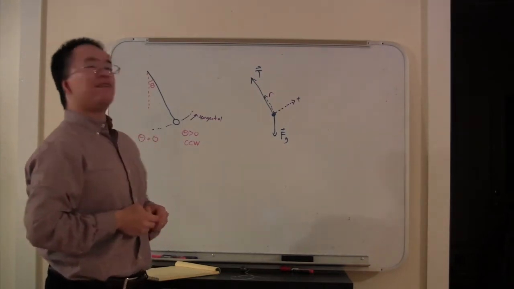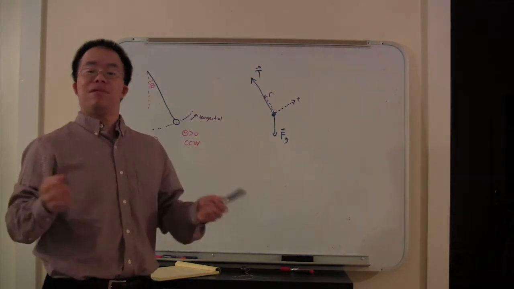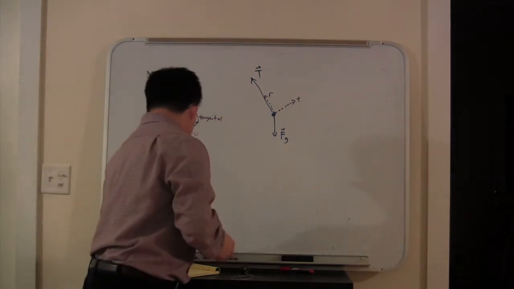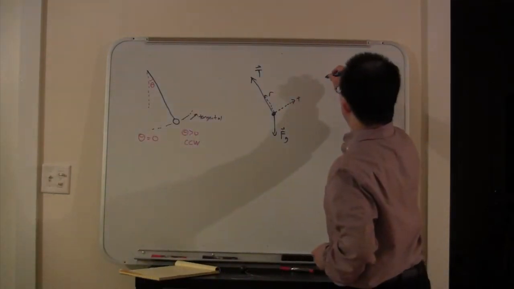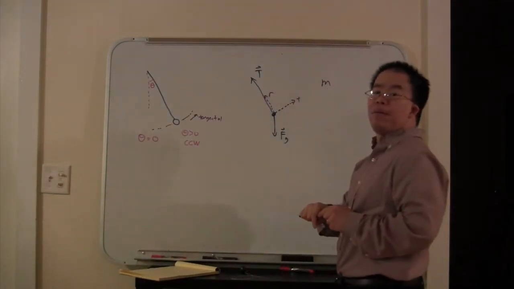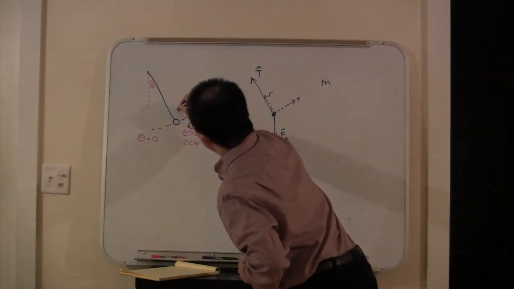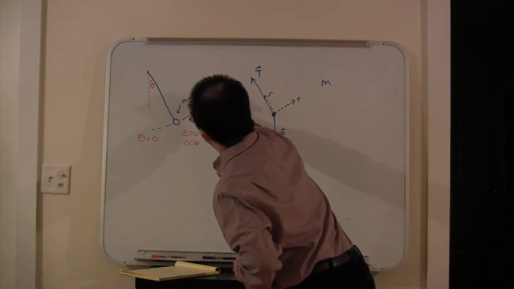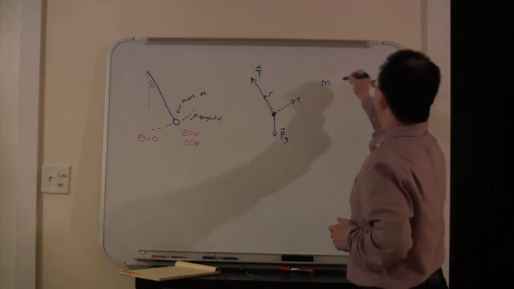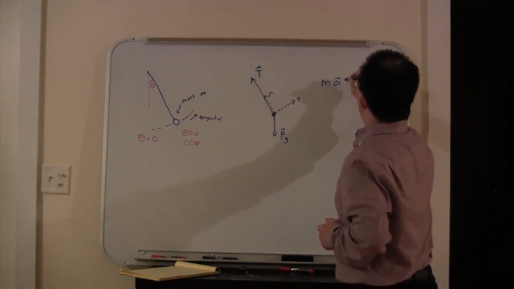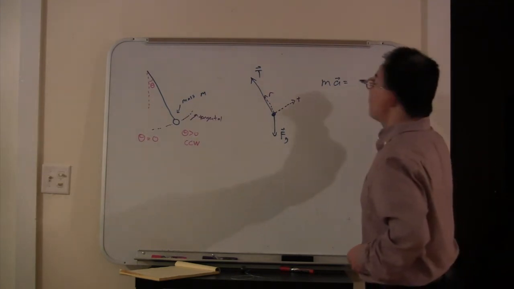So now we can proceed to apply Newton's second law component-wise. Newton's second law says that the mass of our bob, this bob has a mass of m, I forgot to label that, the mass times the vector acceleration of the bob is equal to the net force on the bob.